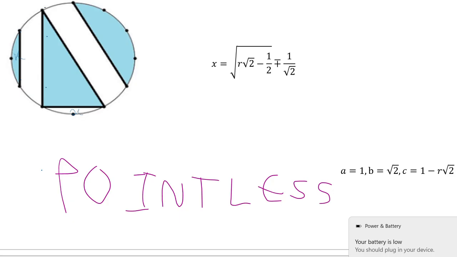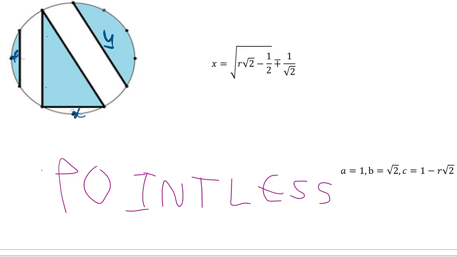Now if we find the area of this part, and if we add it to the area of this triangle MX, it will be half of the circle, right? So now I'll name this area y. And this blue area is x.